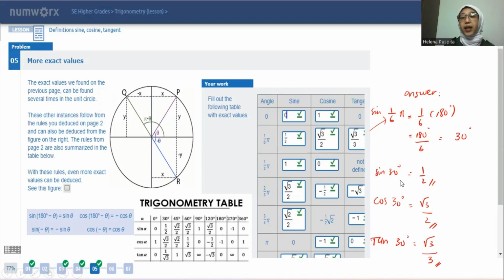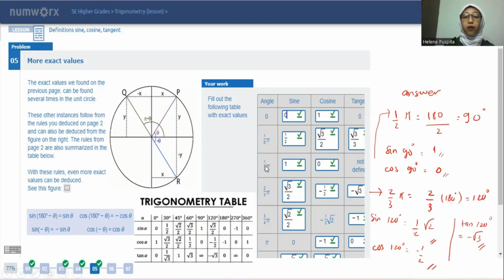So sine 30 degrees is 1 over 2, and cos 30 degrees is square root 3 over 2, and tan 30 degrees is square root 3 over 3, or 1 over square root 3.